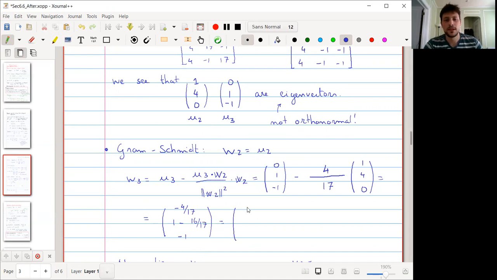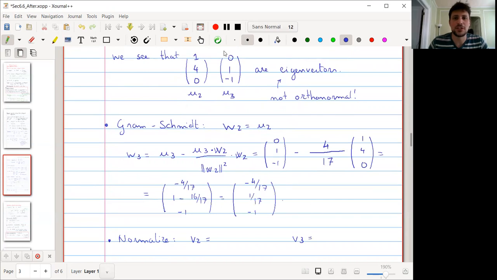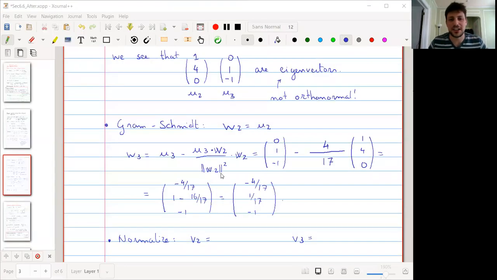Okay, if I clean this, I get minus 4 over 17, 1 over 17 and minus 1. Let me pause for a second and double check if these computations are correct. Okay, the computations are correct.